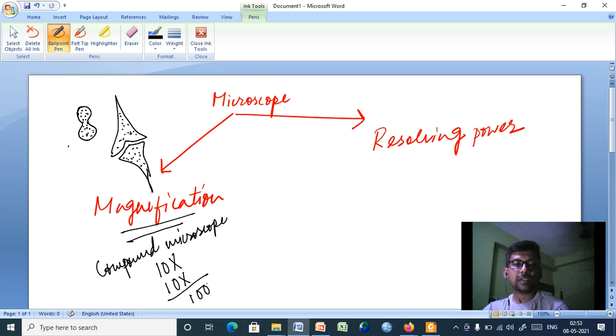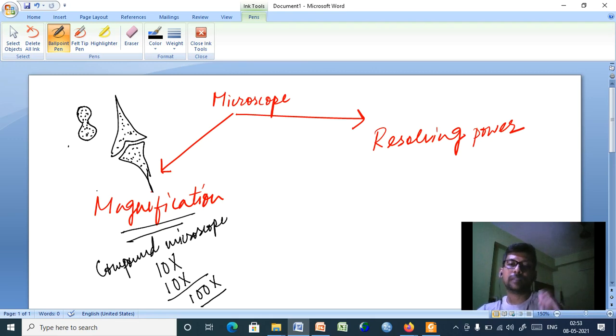So it has a 100x magnification, or it can magnify arbitrarily 100 times. So this is very crucial, and this is very important to remember. Otherwise, we can also calculate the magnification by the technique micrometry.